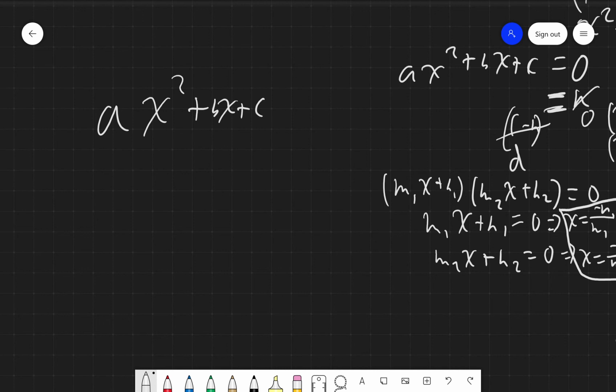So what do I mean by square? Right now, if we factor this, we get m1x plus n1 times m2x plus n2. And that's ugly.